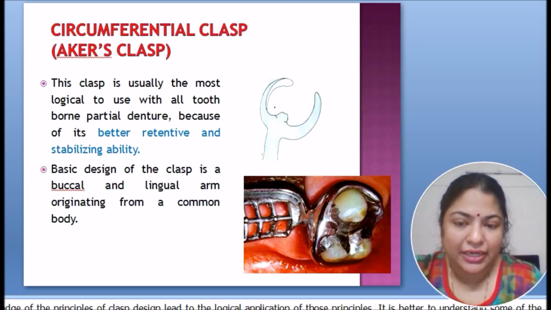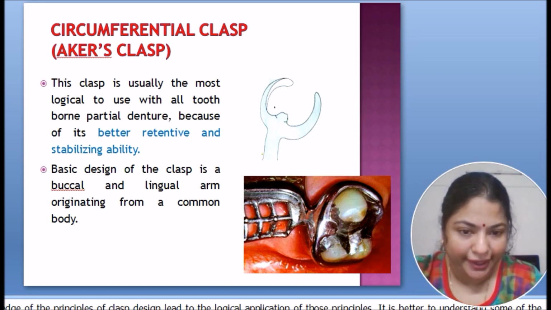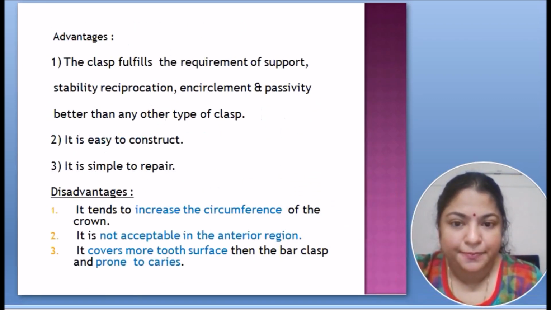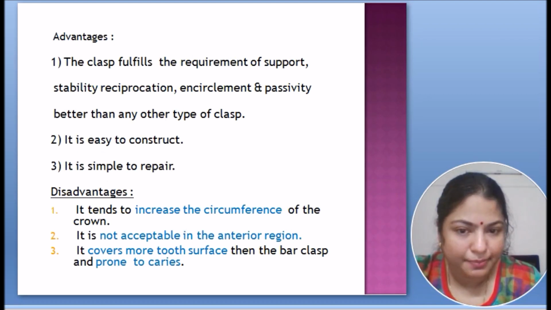Now circumferential clasps, also called the Akers clasp, are usually the most commonly used clasps because of their good retention and stabilizing ability. The basic design of the clasp is a buccal and lingual arm originating from a common body. The advantage is it fulfills the requirements of support, stability, reciprocation, encirclement and passivity better than any other clasp design.